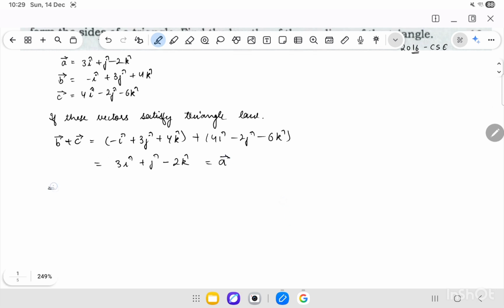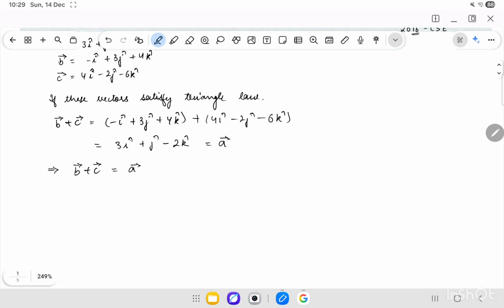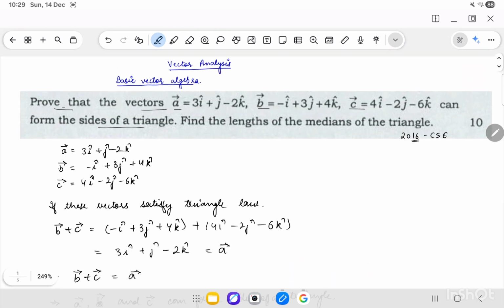So from here you can see that B vector plus C vector is equal to A vector. So these 3 sides satisfy the triangle law. So from here we can say that A vector, B vector and C vector can form sides of a triangle. That completes the first part of the question.